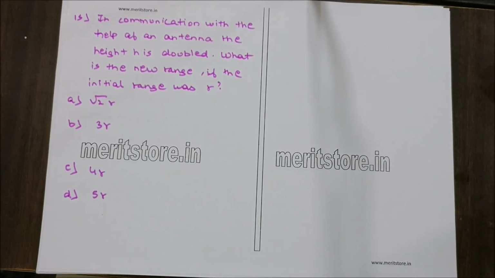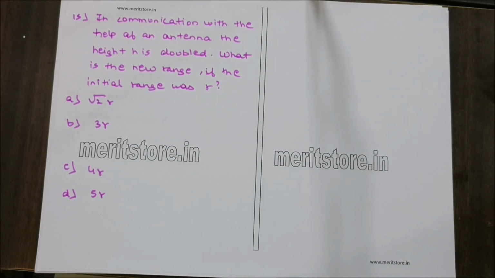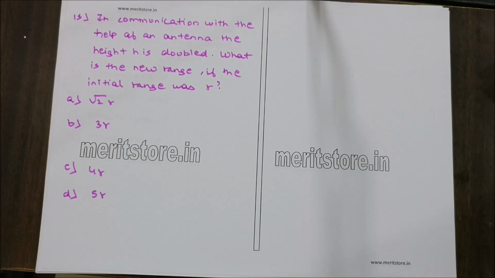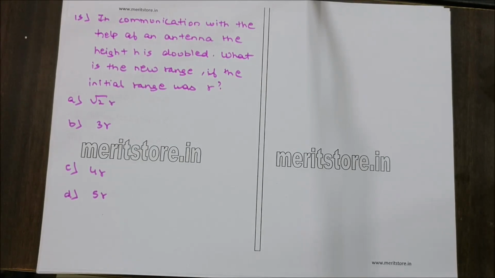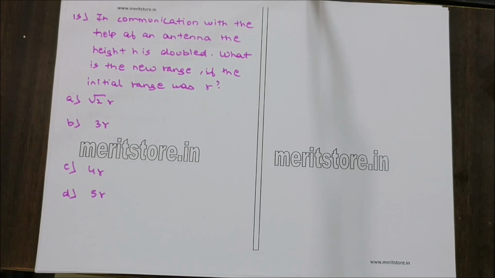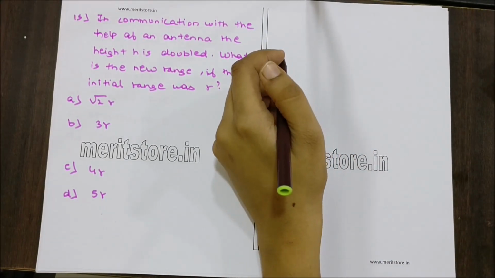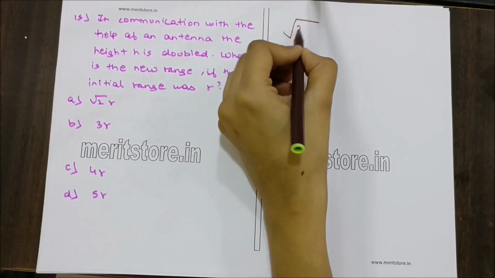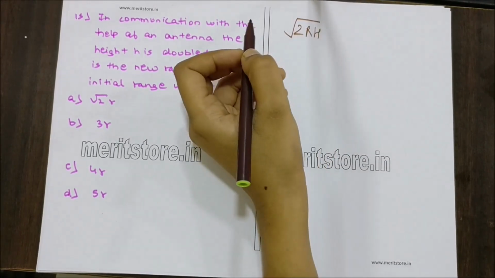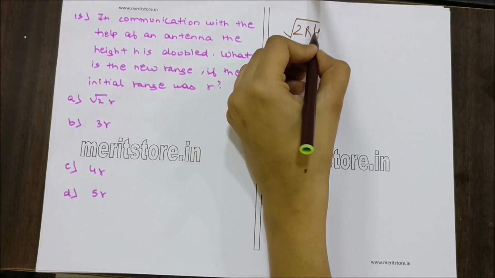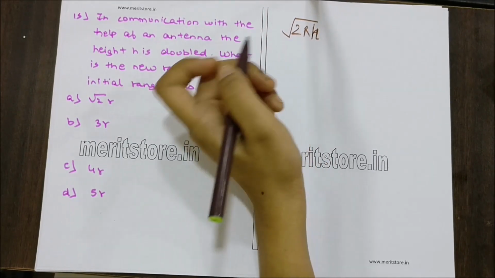Question 15. In communication with the help of an antenna, the height h is doubled. What is the new range if the initial range was r? A root 2r, B 3r, C 4r, D 5r. So over here we solve it as: the initial range d is given to us as root 2rh, where h is my height and r is the radius of the earth.